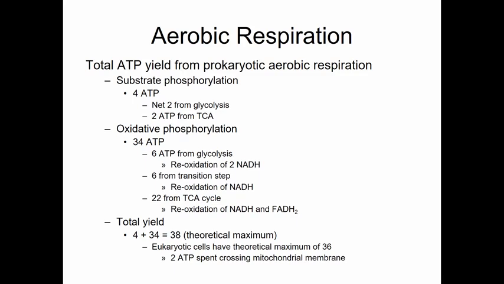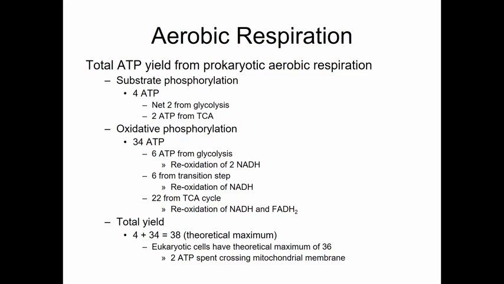Back from our original figure, we said there was 4 ATP created through substrate level phosphorylation because our glycolysis is netting us 2 ATP. Our TCA cycle is getting us 2 ATP as well. We're doing aerobic respiration, making 34 ATP from all of that NADH that's coming back in. So our theoretical maximum is 38.